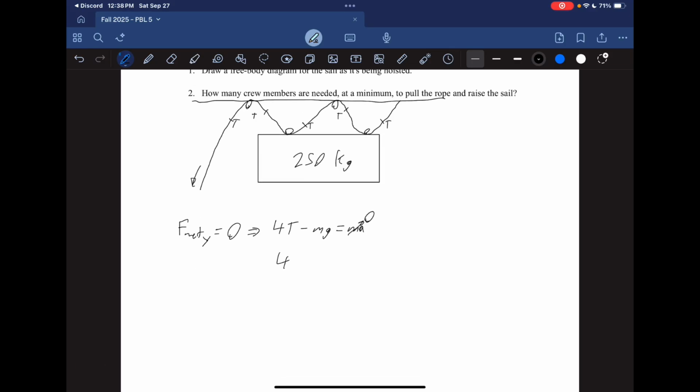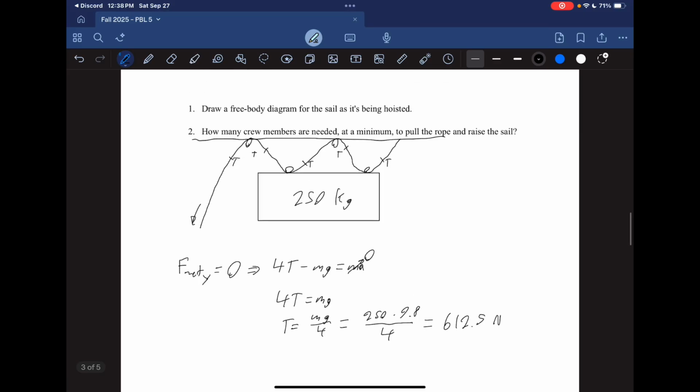So we can rearrange this to solve 4T equals mg. T is equal to mg over 4, which equals 250 times 9.8 divided by 4. If you plug that into the calculator, you get 612.5 newtons. So this is how much tension is in the rope.